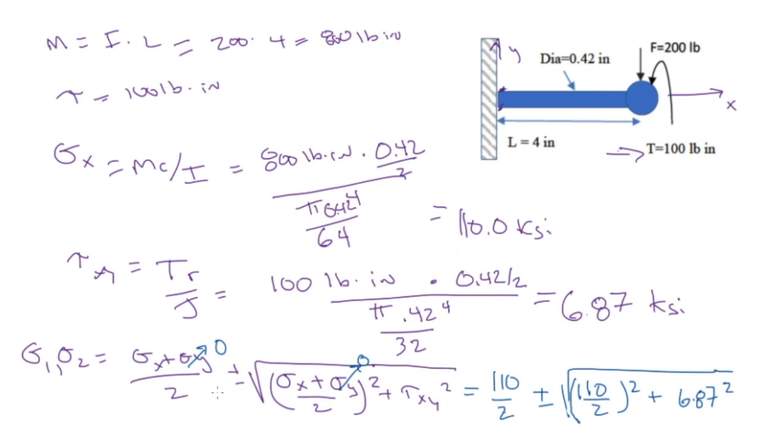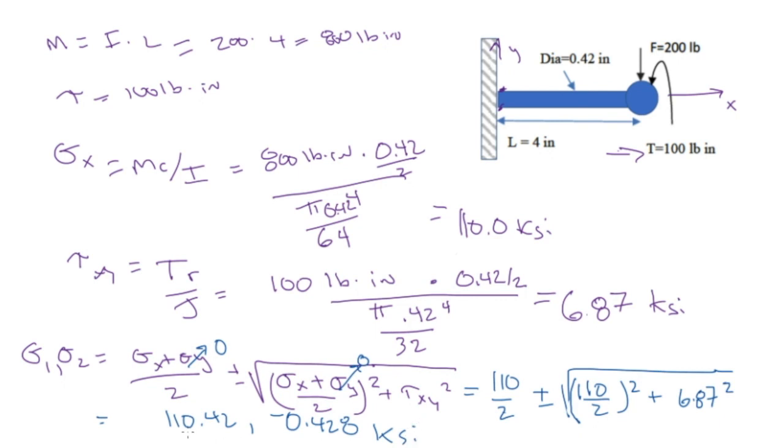Okay, so this gives us our principal stresses. So 110.42 and negative 0.428 KSI.